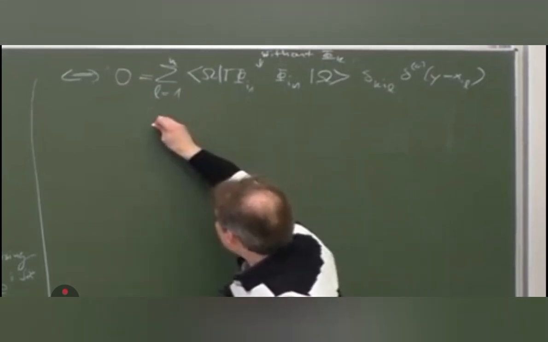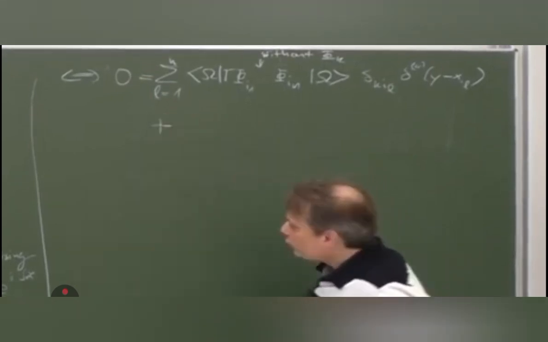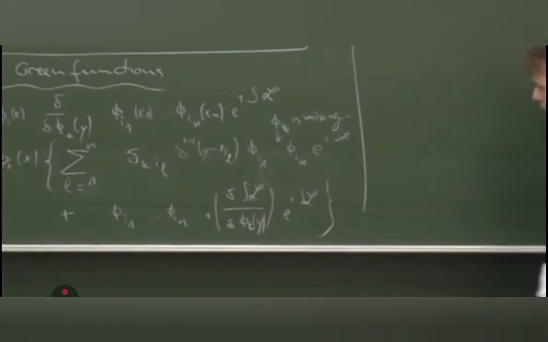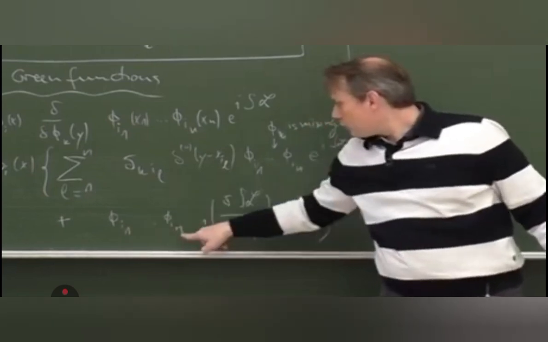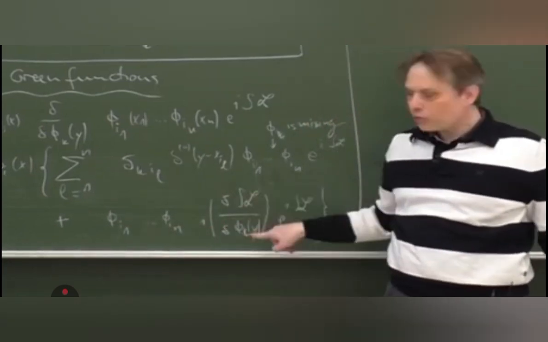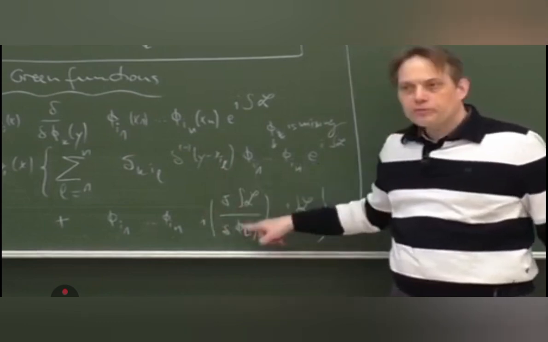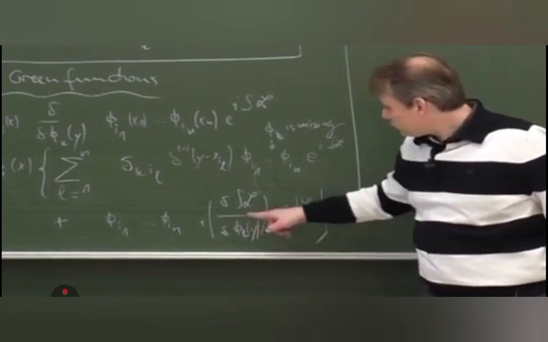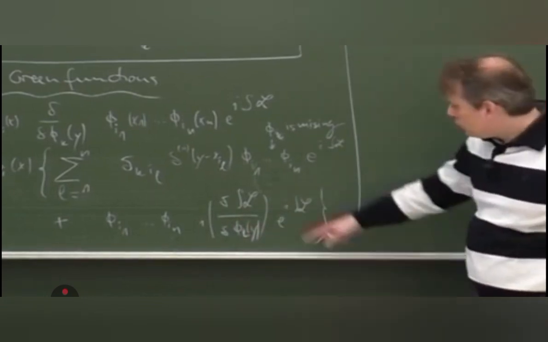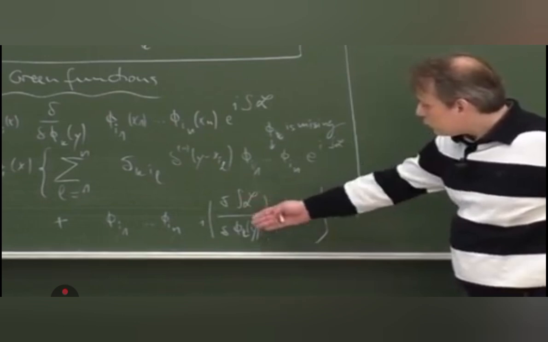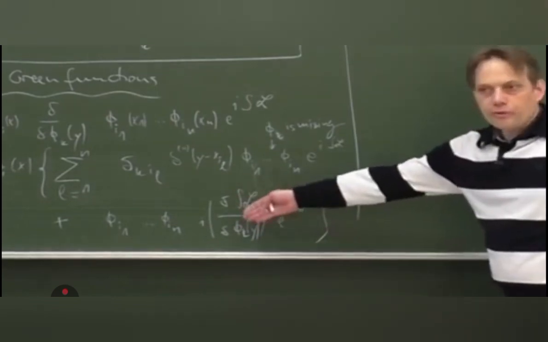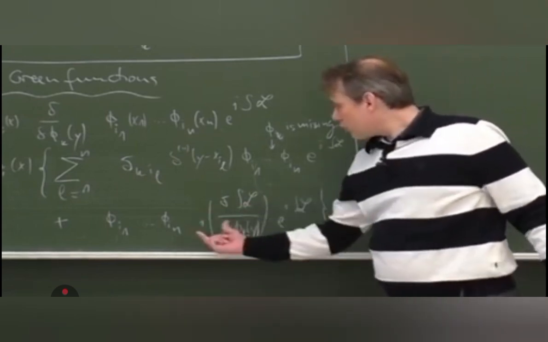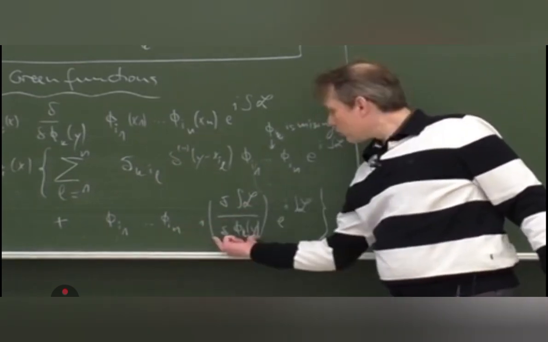And the second line, what is the second line? First of all, times i. Then we have a path integral over this set of field operators times something else on the path integral level. This is of course a functional of the fields. It might contain a product of fields, and in QED we will see an example of that. So this is some product of field operators which arises from the derivative of the action with respect to a field. And so we have a Green function of a set of elementary fields times a composite operator.